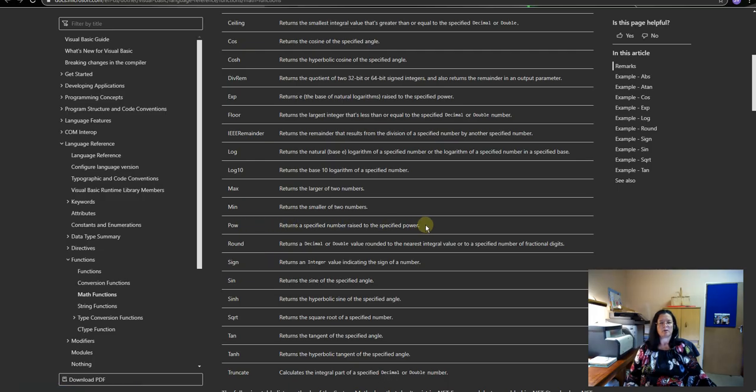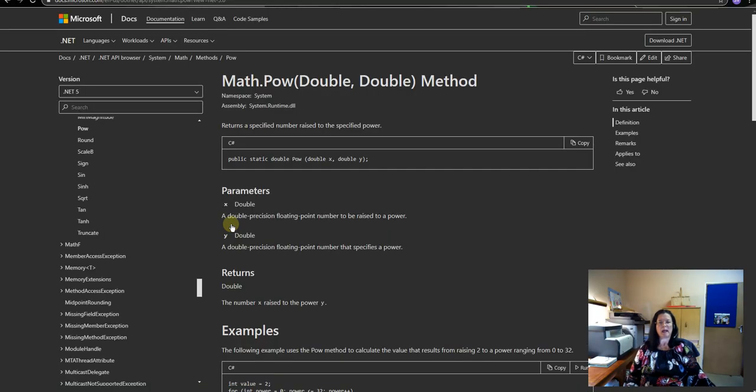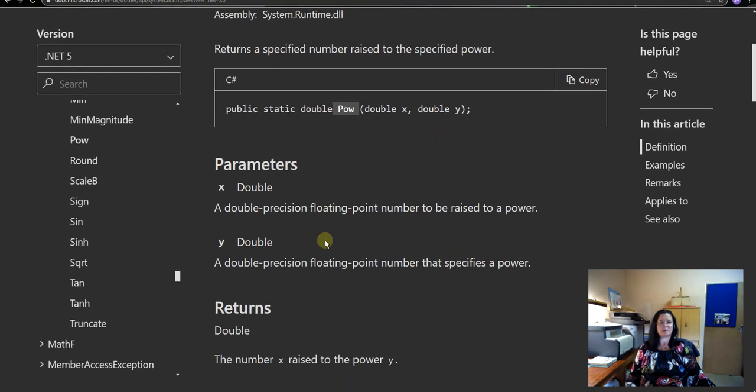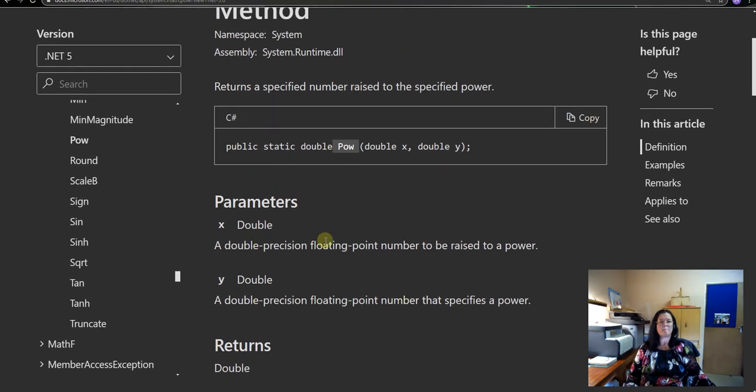So over here they tell us the power function will give me a number raised to a specific power. If I click on it, it shows me how to call it. Let's increase the size over here a little bit. The function is called power, P-O-W.